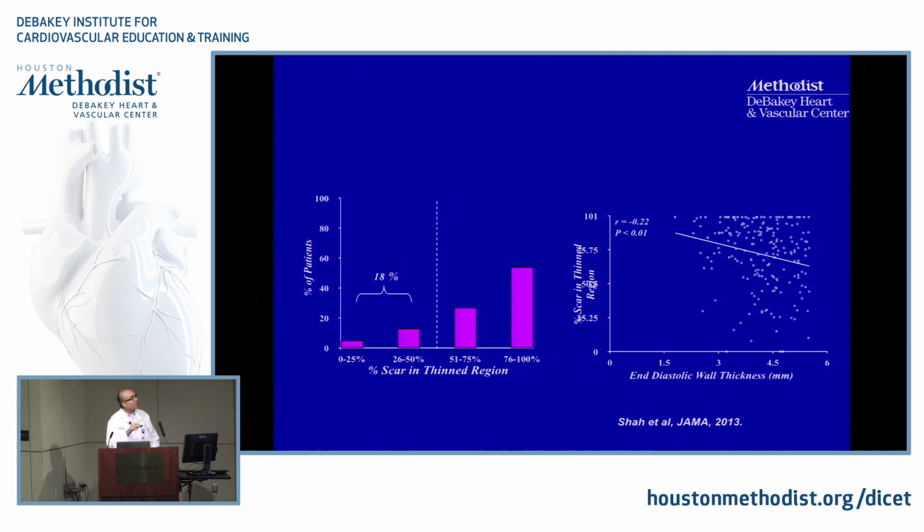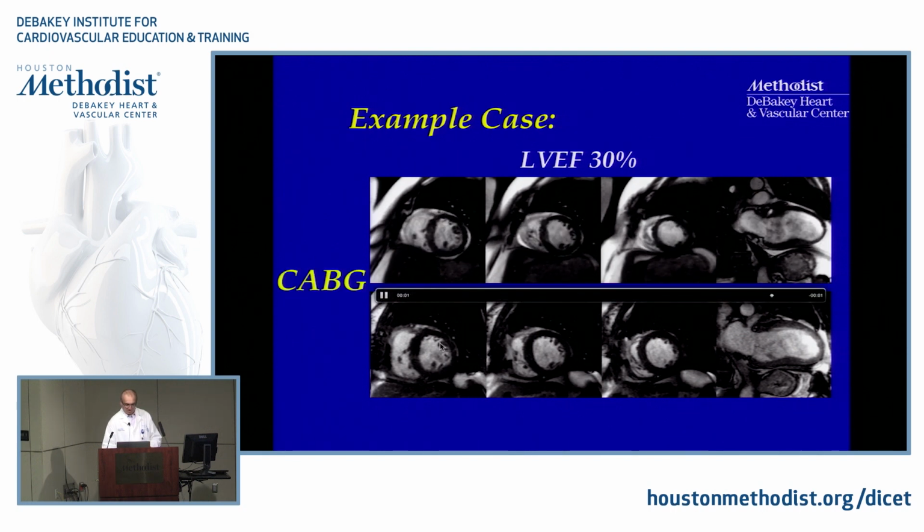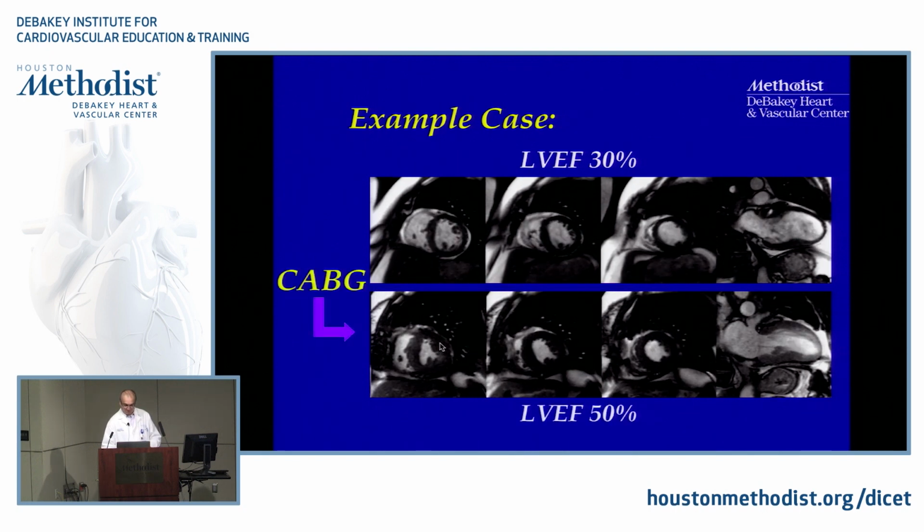Although there was some relationship to wall thickness, there was a lot of scatter, suggesting that looking at wall thickness alone to identify the presence or absence of limited scar was not very useful. Furthermore, in those patients that went on to get revascularized, we found that there was actually improvement in contractility.